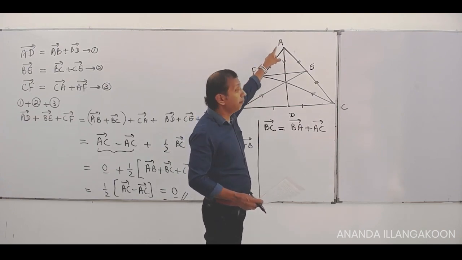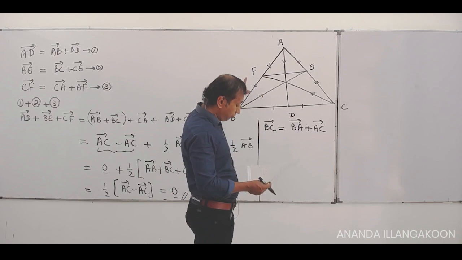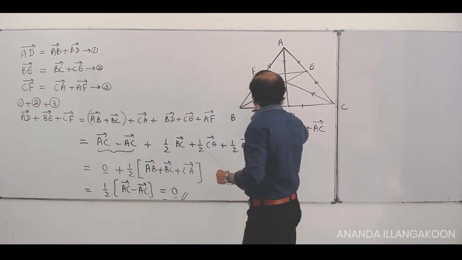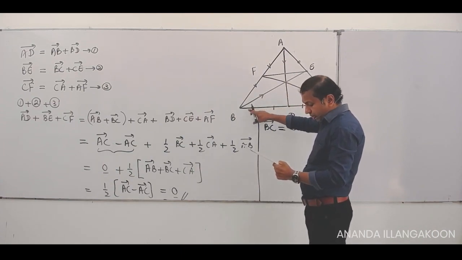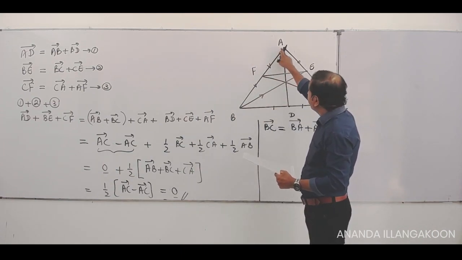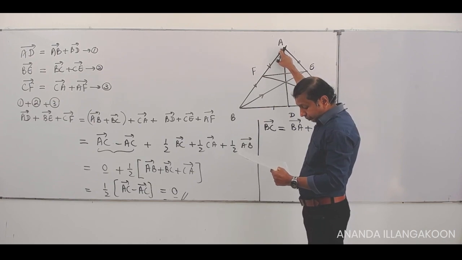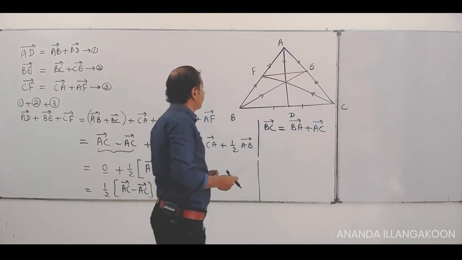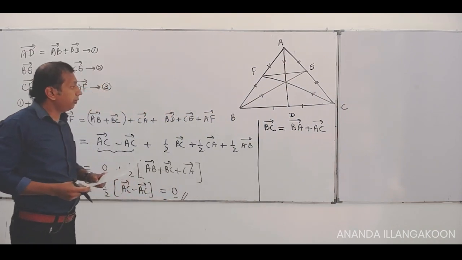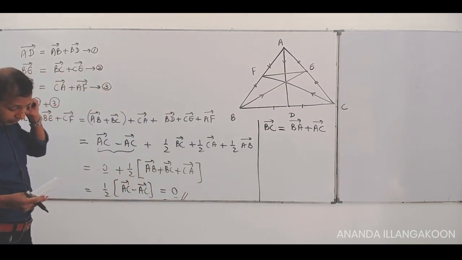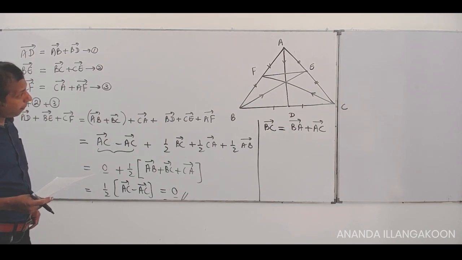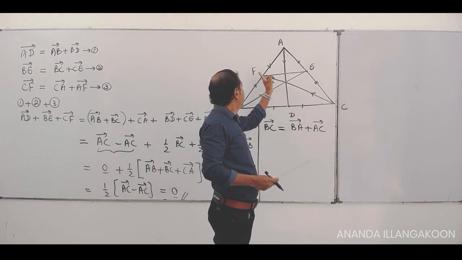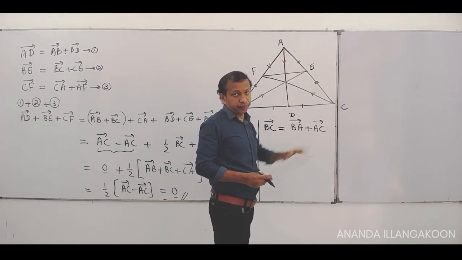Then the BA vector I can write as 2 times FA, right?